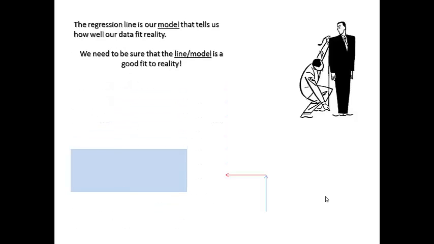The regression line, or beta, is our model that tells us how well our data fit reality. We need to be sure that the line or model really is the best line. Is it the line that goes through or hits most of the data points in a correlation?